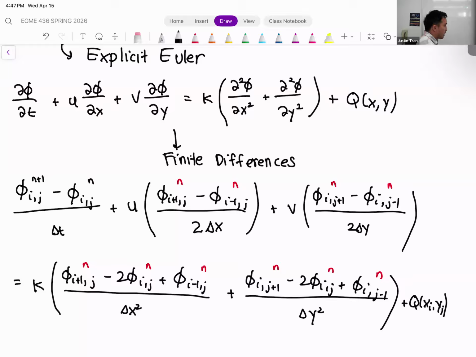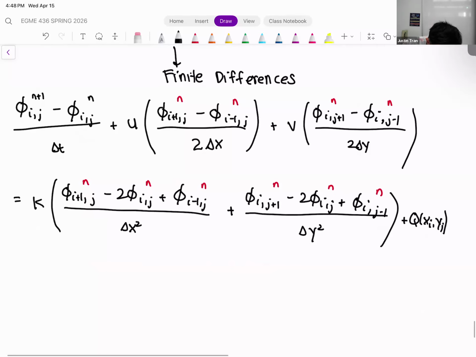So now we have to do a bit of algebra here because we've gone ahead and plugged in everything, which is good, but we want to rearrange this so that it's in a useful form for explicit use. So let's go ahead and rearrange the terms.